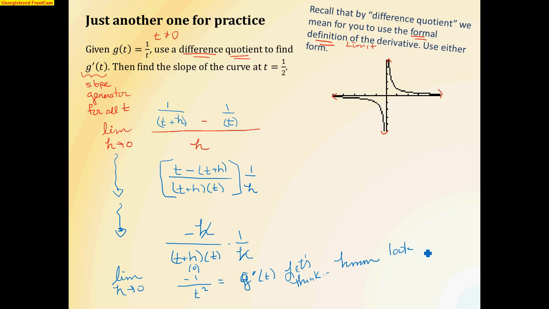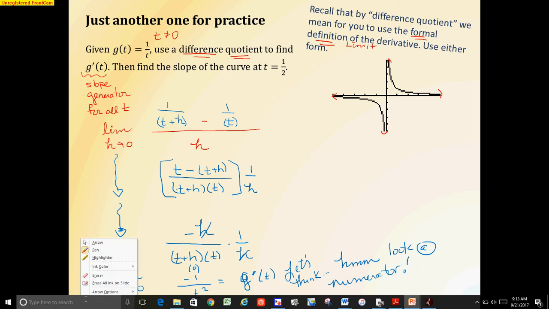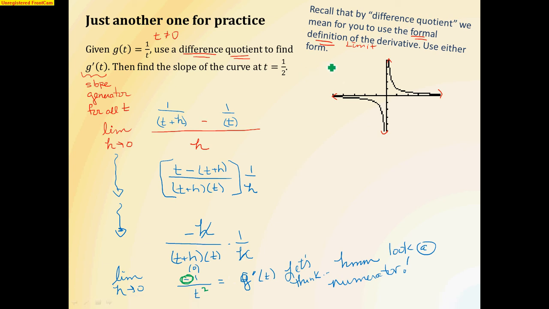Look at the numerator of my slope generator. Isn't it always negative? If the slope generator is always negative and the denominator is squared, what does that say about the slopes on g of t?